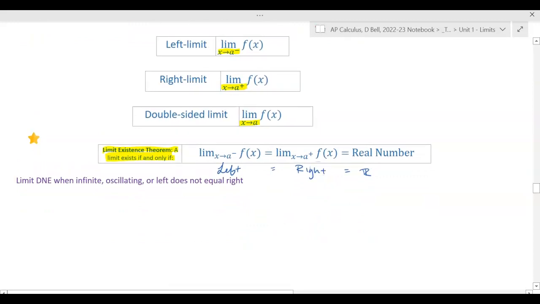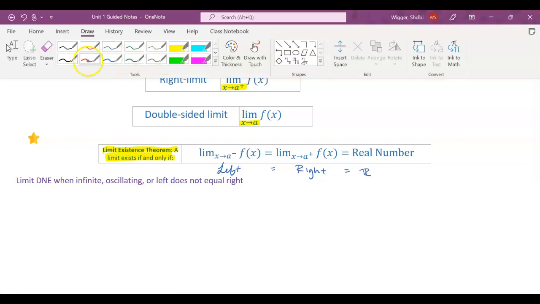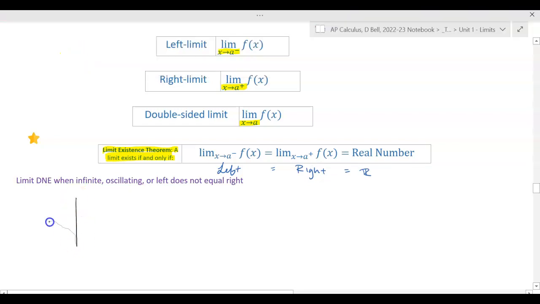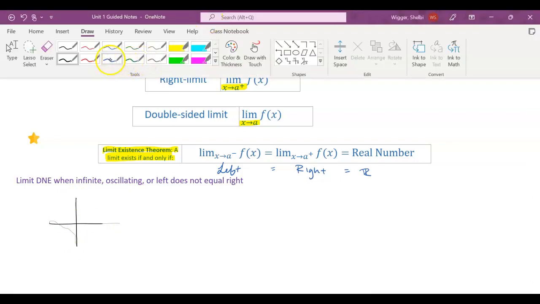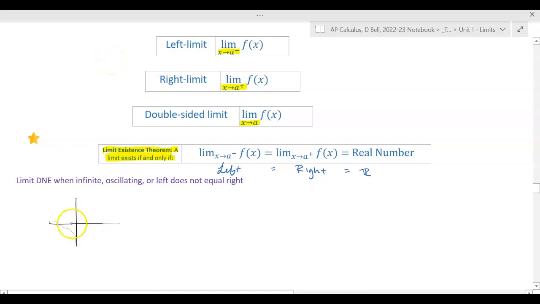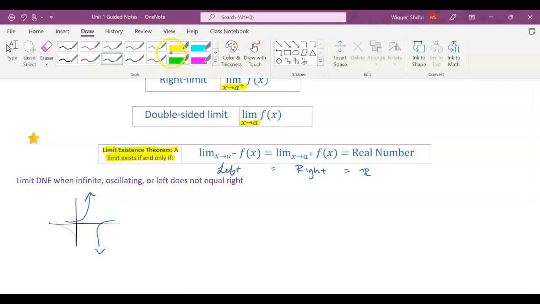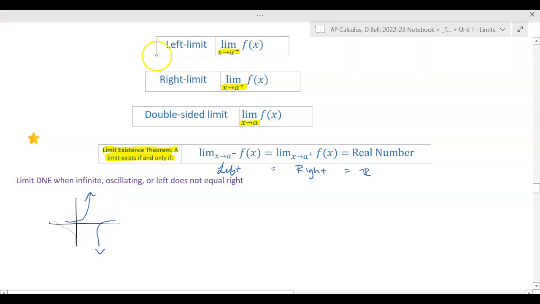So a limit does not exist when it's infinite, meaning it's going off to positive or negative infinity. So an infinite limit would look like something like this, where we would have a vertical asymptote.